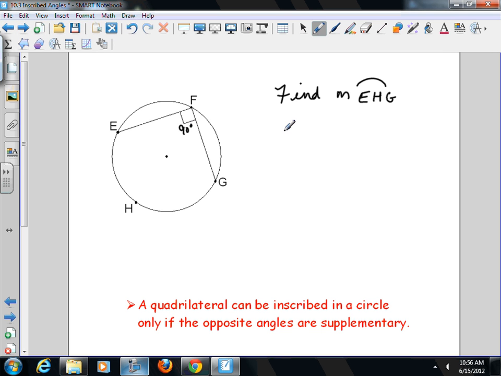And just like in the previous problem, we know that this arc here must be twice that size. Since 90 degrees should be half of that corresponding arc, it means the arc EHG must be twice 90 degrees. So in other words, the measure of arc EHG must be 180.